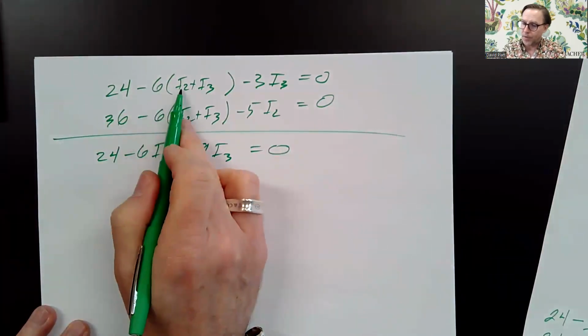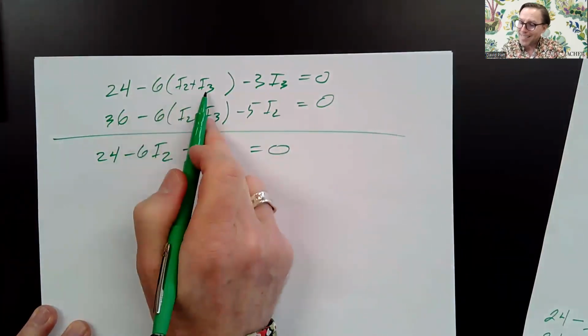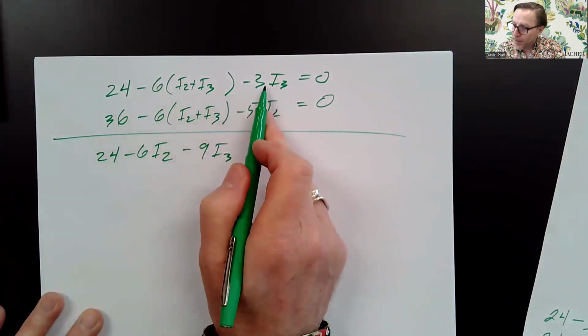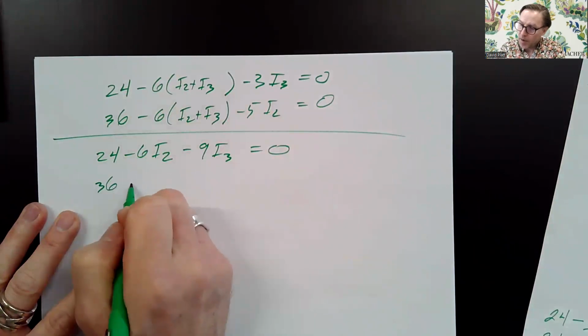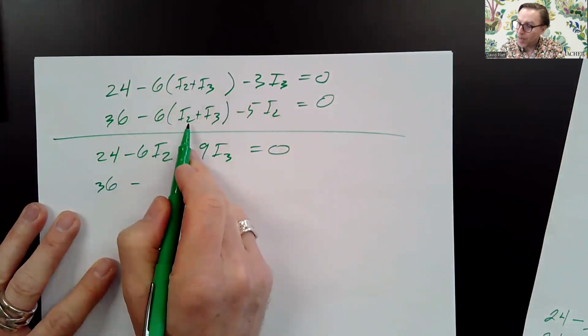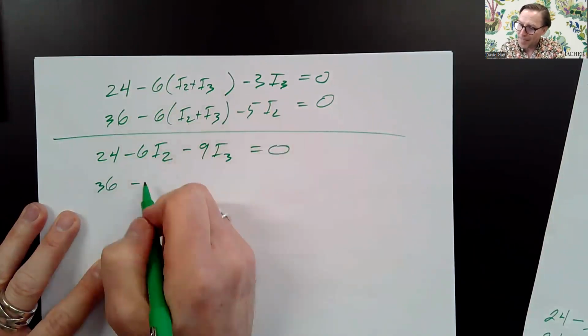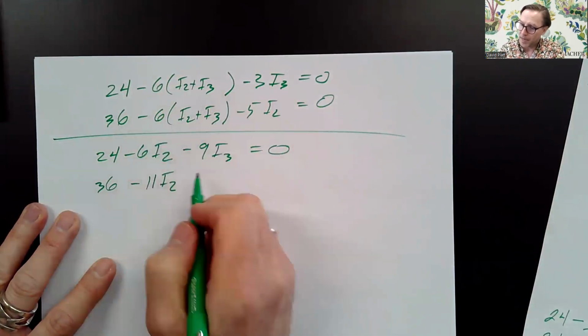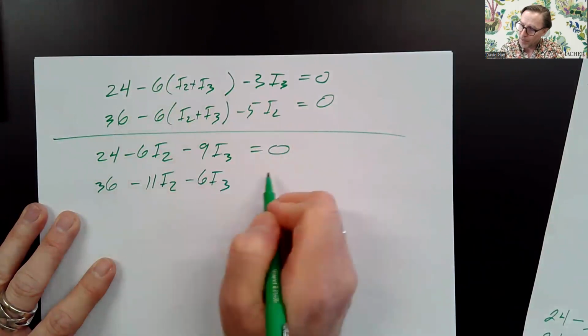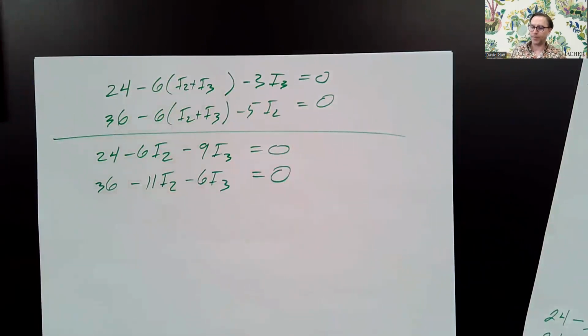So here's the 6I2. Minus 6I3 minus 3I3 is minus 9I3. 36 minus 6I2 minus 5I2 is minus 11I2 minus 6I3 equals 0. All right.